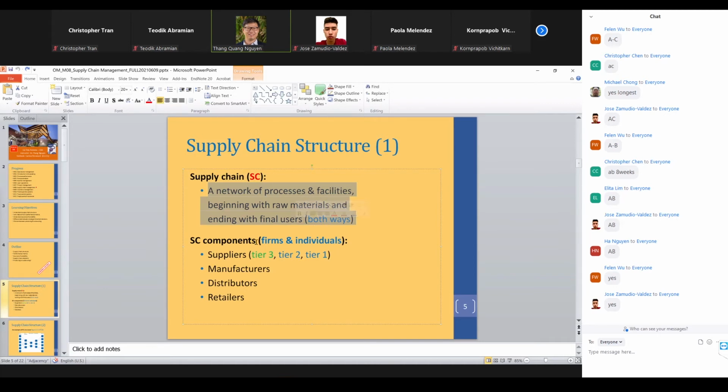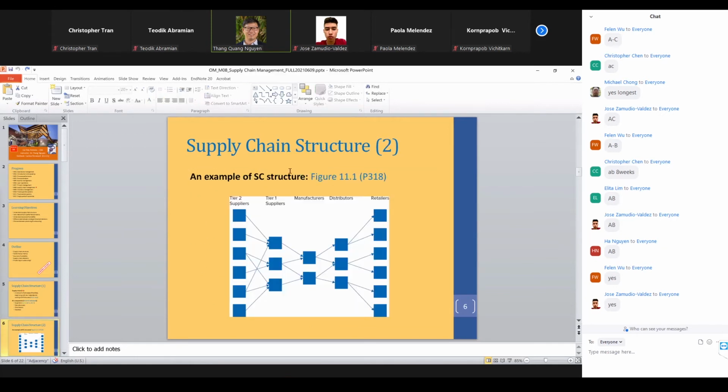So what do we have in a supply chain? That's a supply chain structure. For example, the supply chains of cars, the supply chain of toothpaste, things like that, right? It's not straightforward. Generally, it is composed of multiple players, multiple companies inside that supply chain. In this particular graphical example, we have multiple tier suppliers.